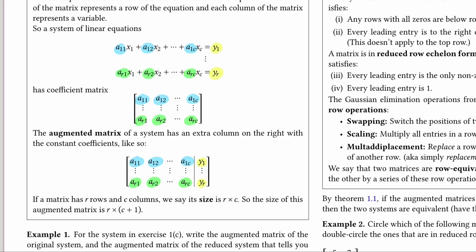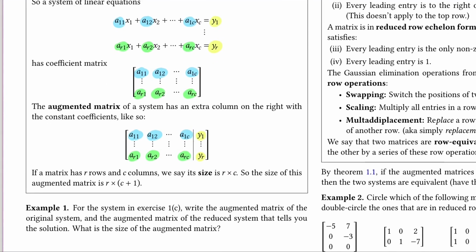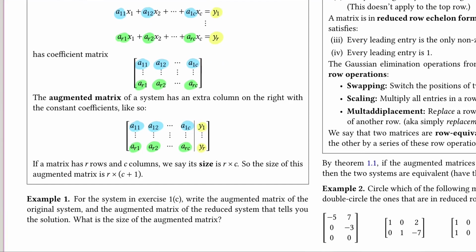We're just augmenting the coefficient matrix with this extra column right here. And I like to write a line here, just that's where the equal sign goes, right? To show that it's an augmented matrix. I don't think that's really standard notation, but it makes it easier to know that you have an augmented matrix, and that's where the equals go.